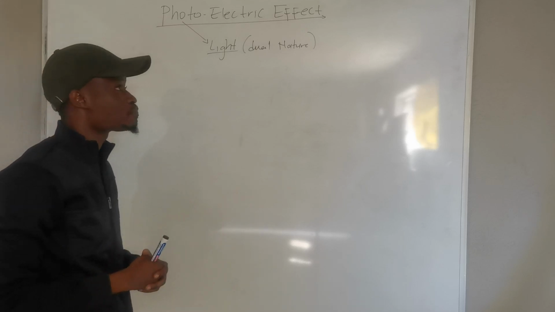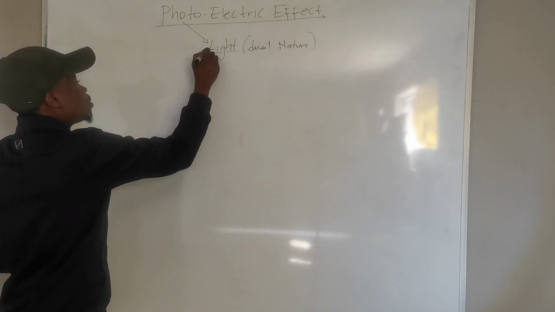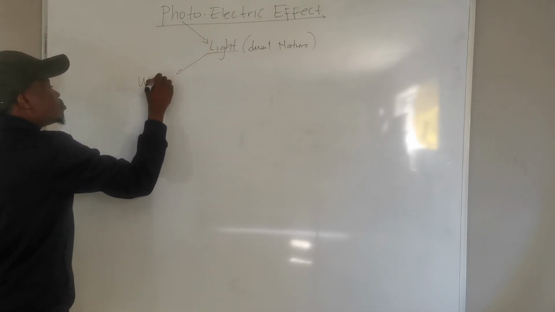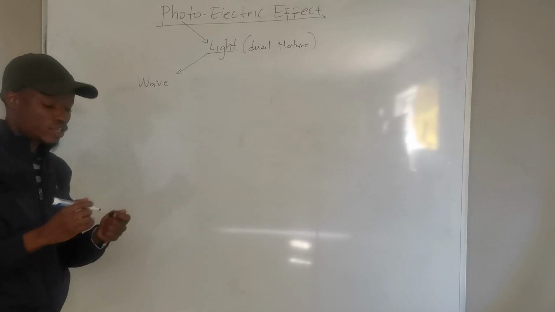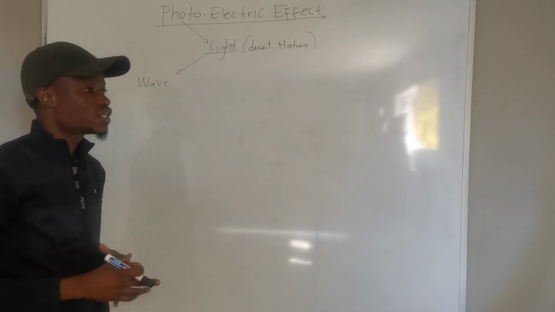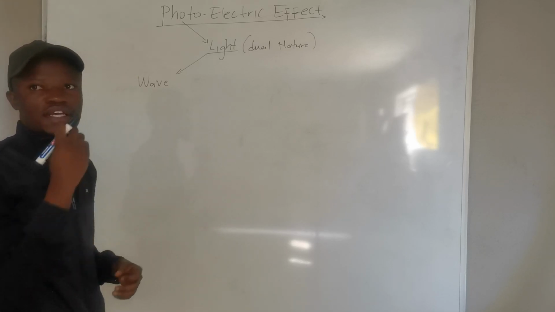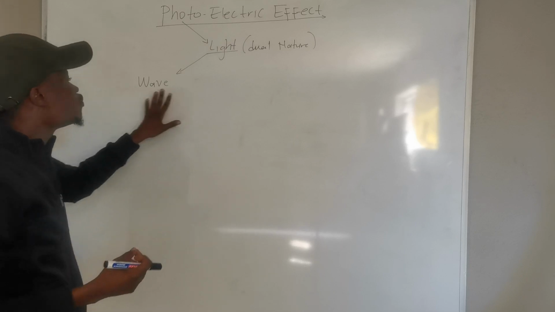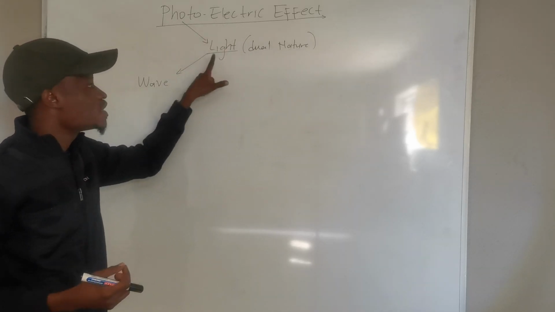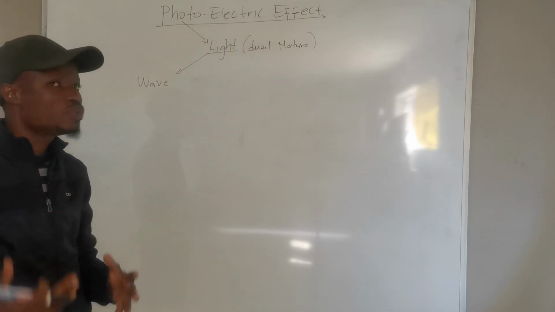You have been told that light can be seen as a wave, because of its ability to bend and its ability to reflect. All those behaviors give light a wave nature. So that is why we are saying light has a dual nature. Dual nature means that it has two behaviors.